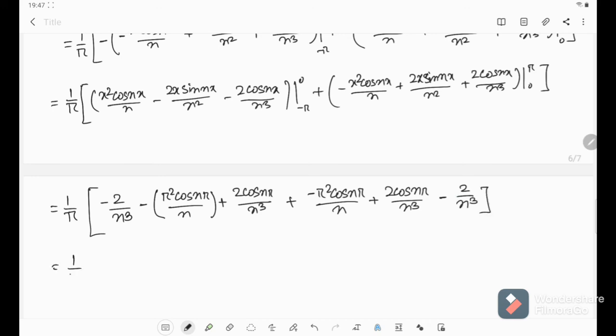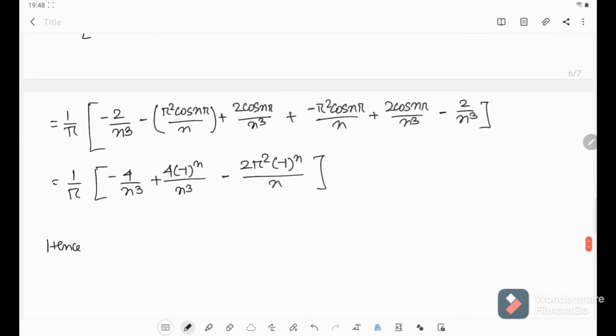So ultimately it is producing minus 4 by n cube plus 4 minus 1 whole to the power n by n cube minus 2 pi square minus 1 whole to the power n by n.